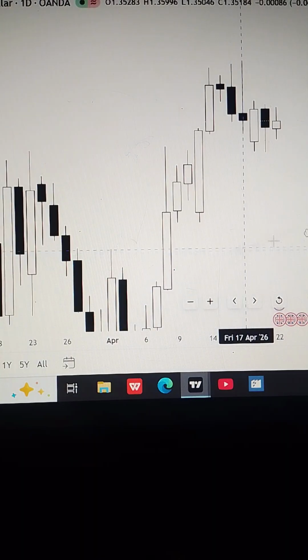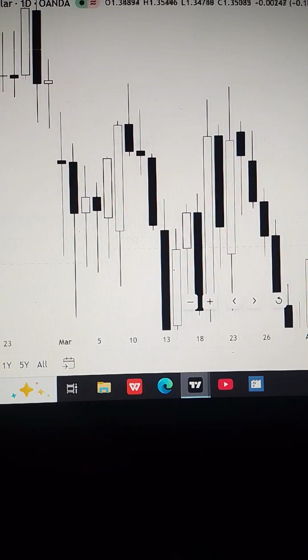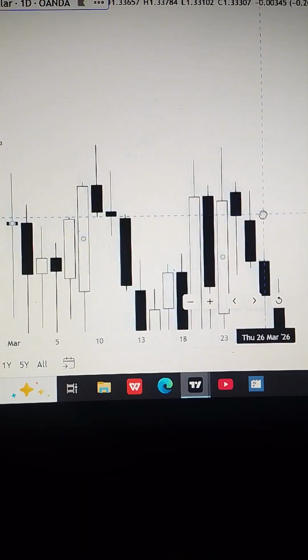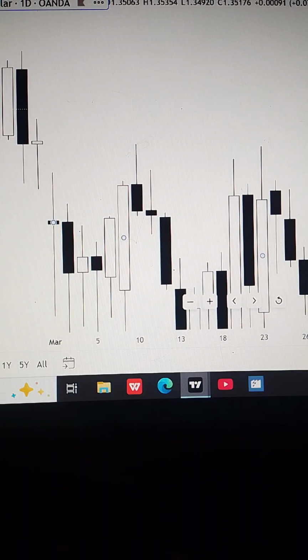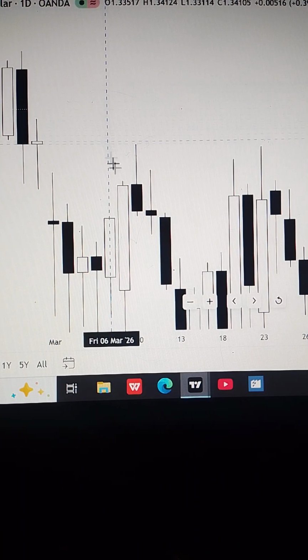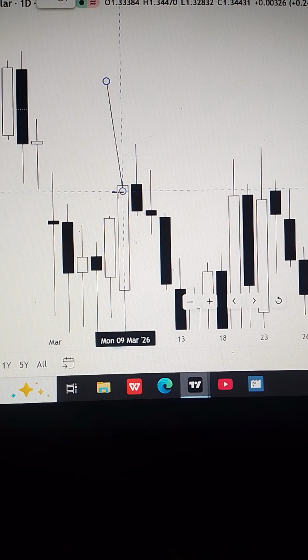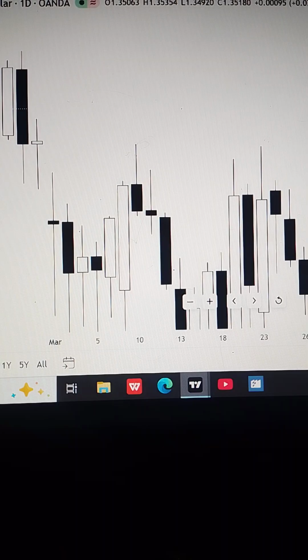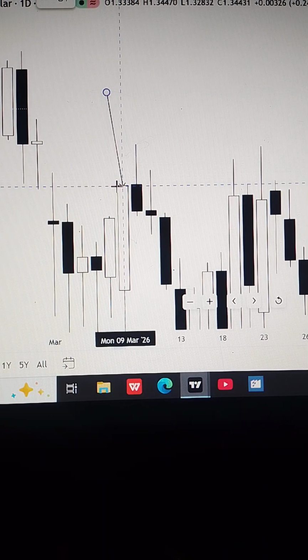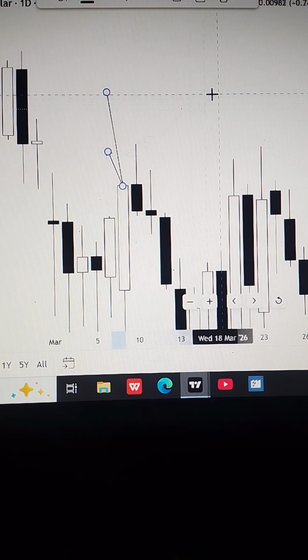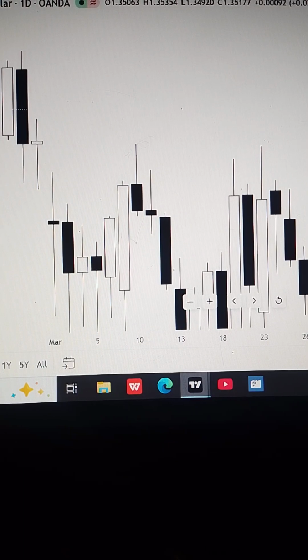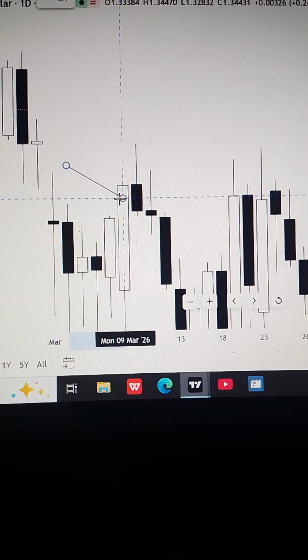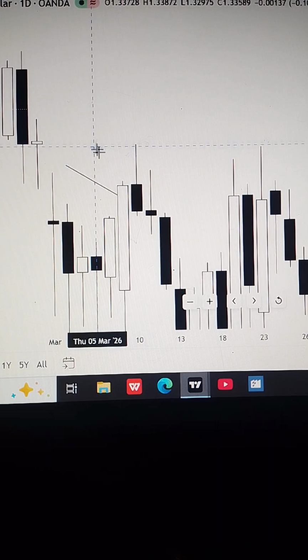Here is this candlestick, and this is a bullish candlestick.